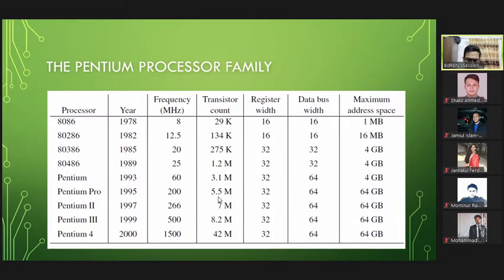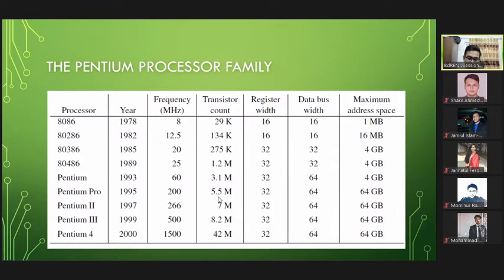Okay, two important terms: 32-bit processor and 64-bit processor, and also 32-bit software, 64-bit software. Very important terms. If you have a 32-bit processor, I hope you know why we call it 32-bit: the width of the address bus and the data bus of that processor is 32 bits. Their register size might also be 32. That means at a time, that processor can send or receive 32 bits at the same time.